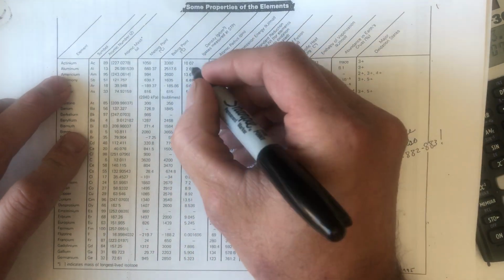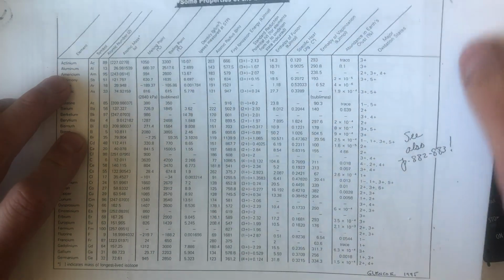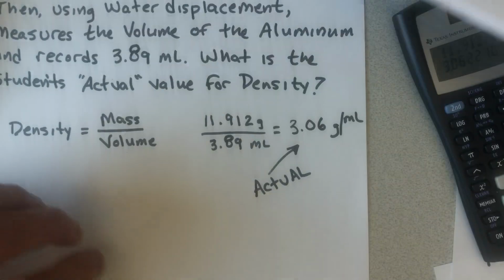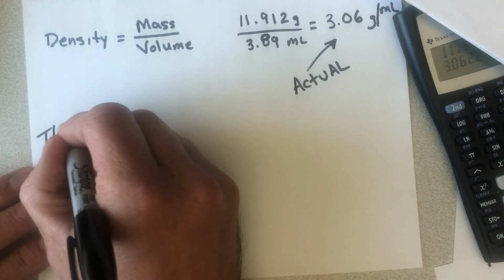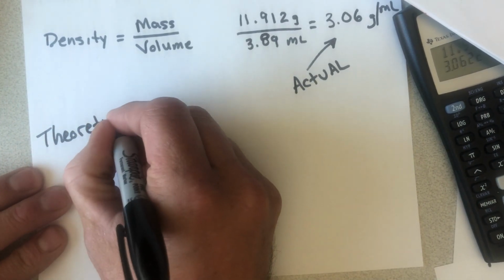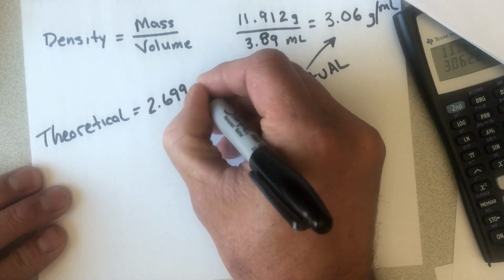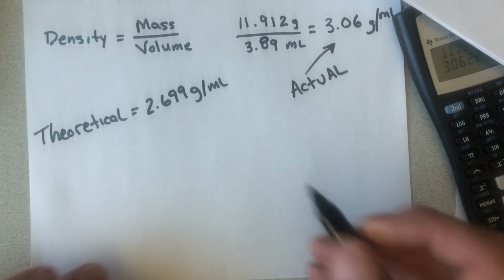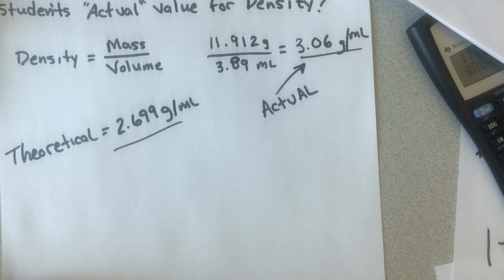I'm going to go over to the density column. And that number is 2.699, okay? 2.699. I'm going to just write that down here.